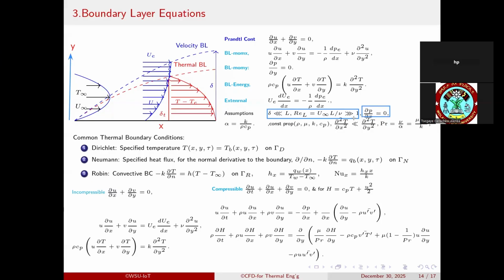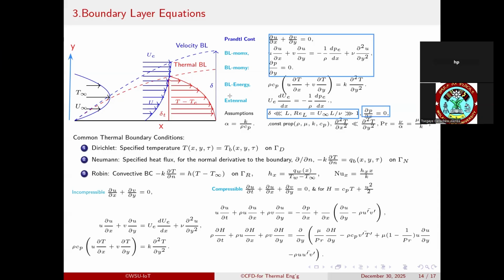Negligible streamwise diffusion. Steady, incompressible laminar flow.